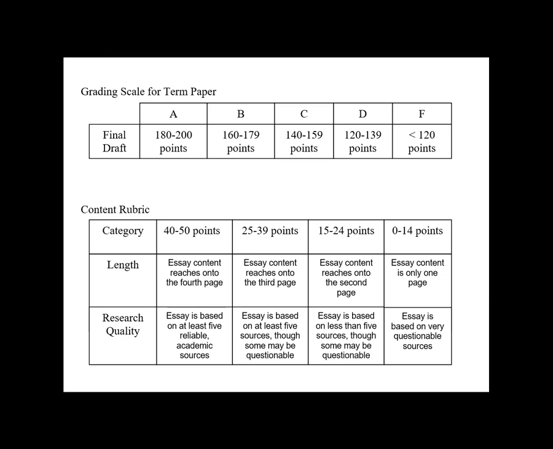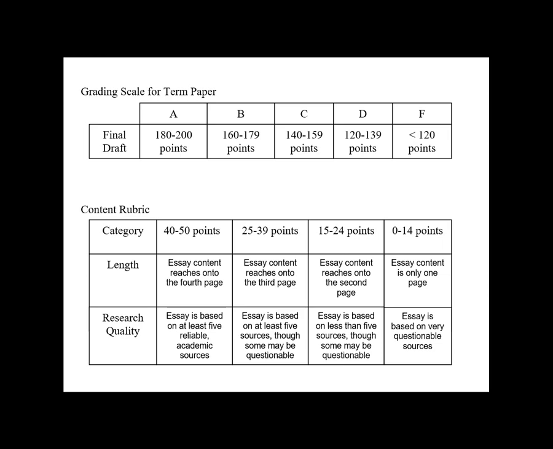Do you have 5 good academic sources that you found through the college library listed in your bibliography? If you have 5 good ones, you get 50 points. If you have 3 good ones, you get 30. If you have 2 good ones plus a bunch of websites, you might get 30-some odd points. So 100 points right off the bat for the essay is just how long it is and what the research quality is.